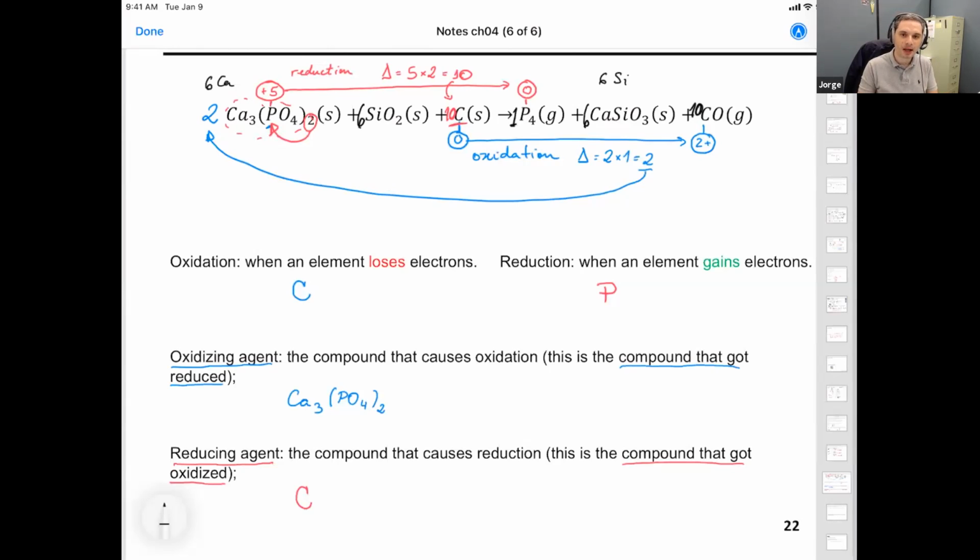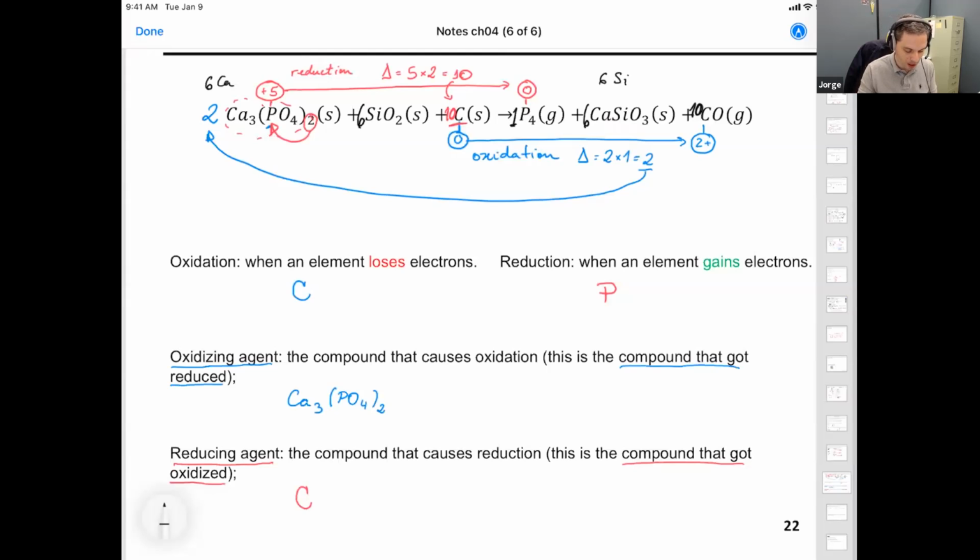And that's how you can use the change in the oxidation numbers to balance or to start balancing any chemical equation, okay? So using this strategy, you should be able to balance any kind of reaction from the simplest ones to the most complex equations, okay?